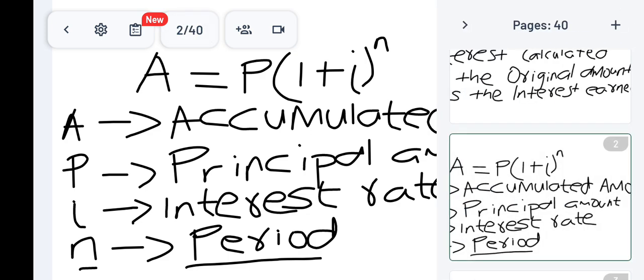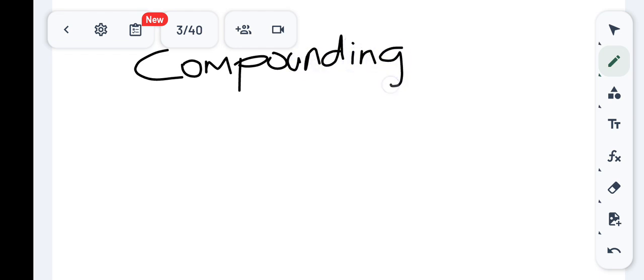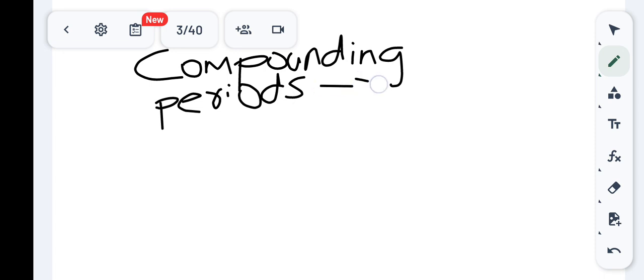So compounding periods, which in this case I'll represent by small letter n.